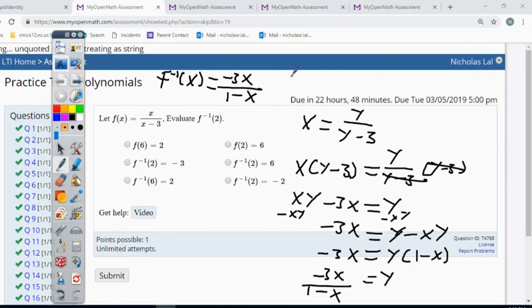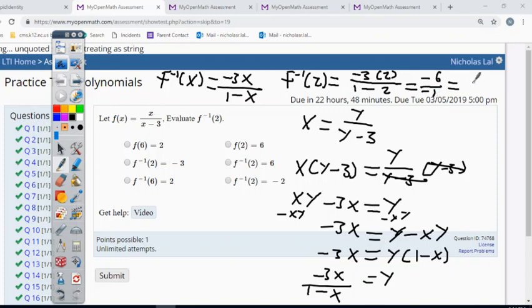And now I need to evaluate the inverse of 2. That's equal to negative 3 times 2 over 1 minus 2. Negative 3 times 2 is negative 6, 1 minus 2 is negative 1.